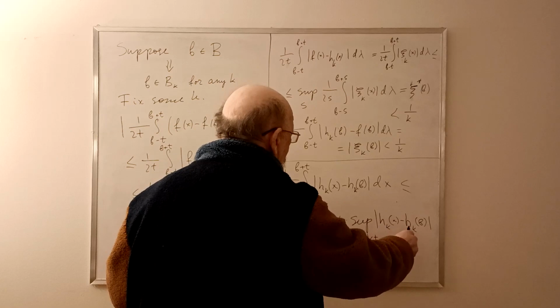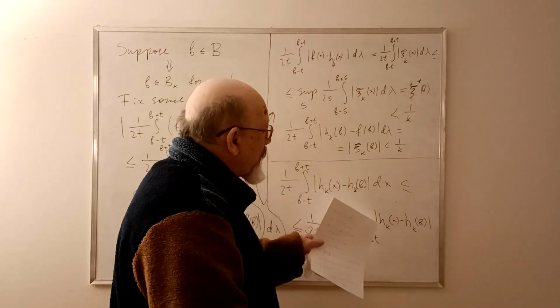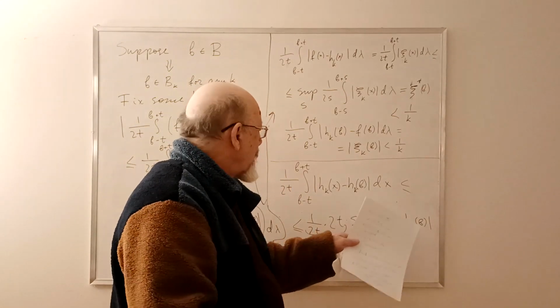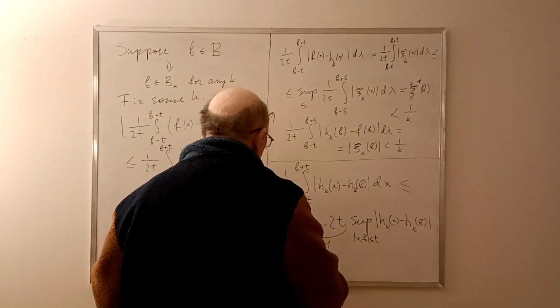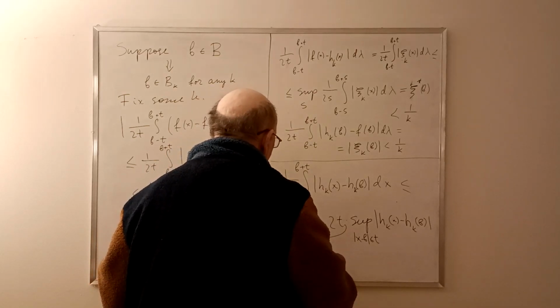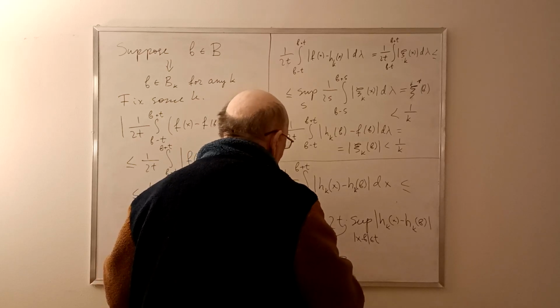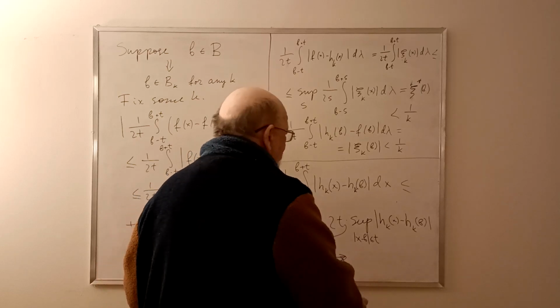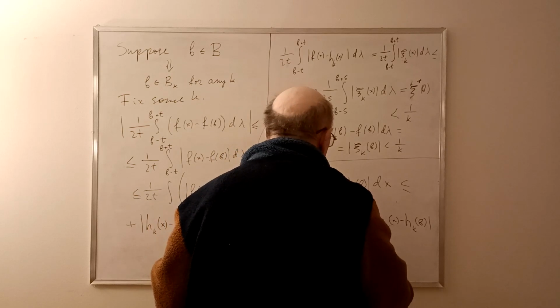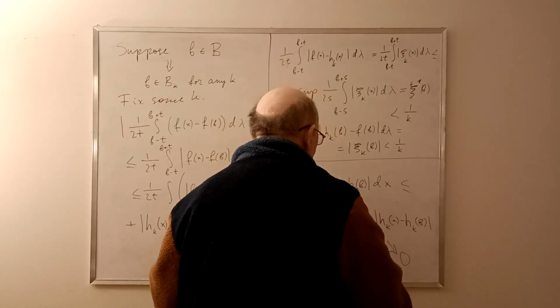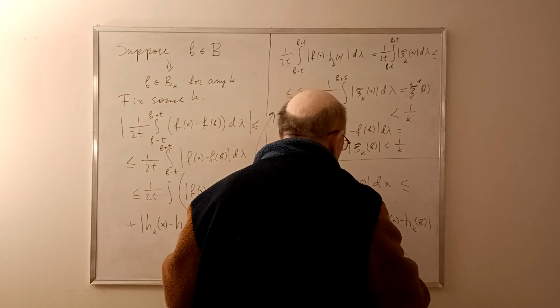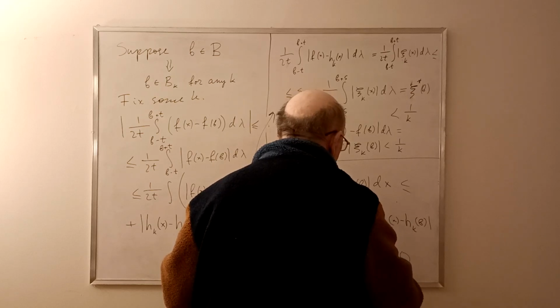And this goes to 0 because the function hk is continuous. Hk of x is continuous. It happens that this goes to 0 as t goes to 0.